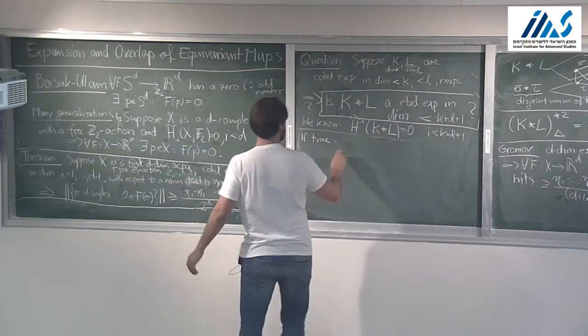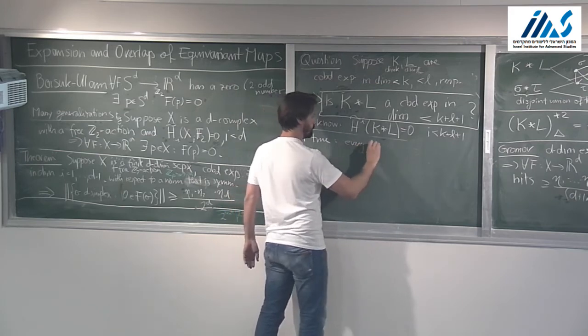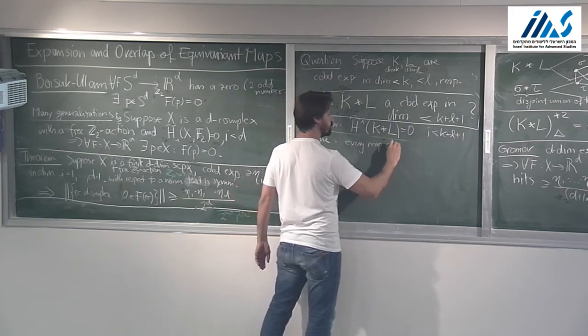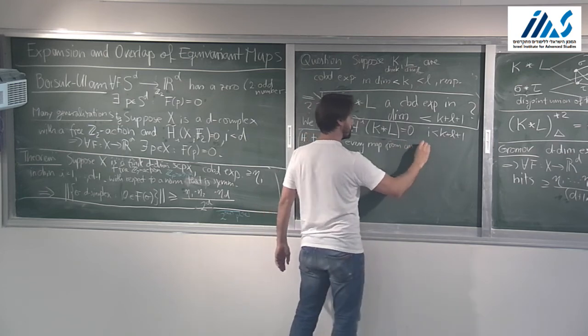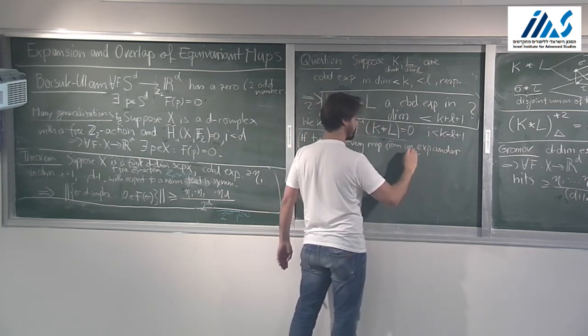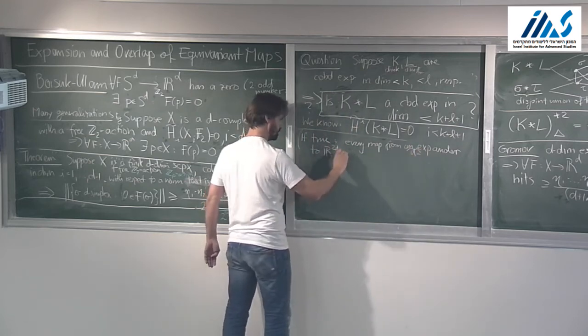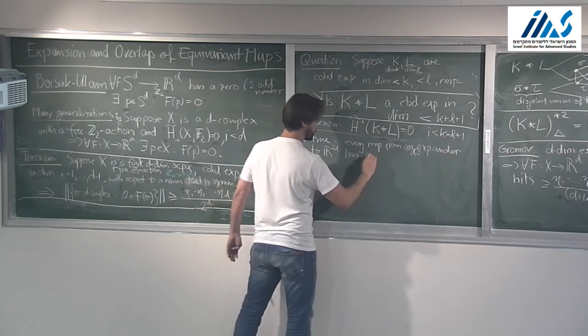But if true, it would mean that every map from an expander, let's say a d-dimensional expander, to R to the D, R to the 2D, has quadratically many crossings.